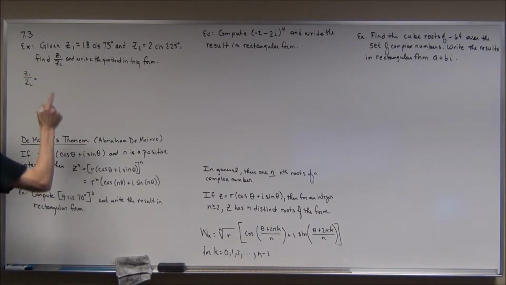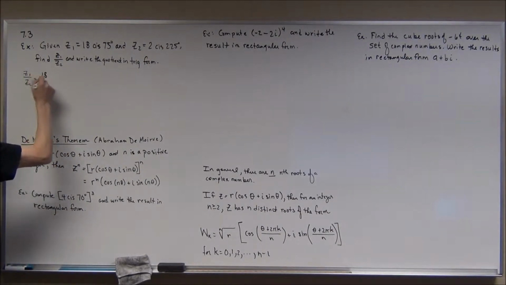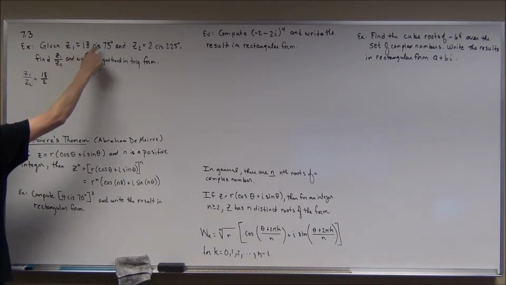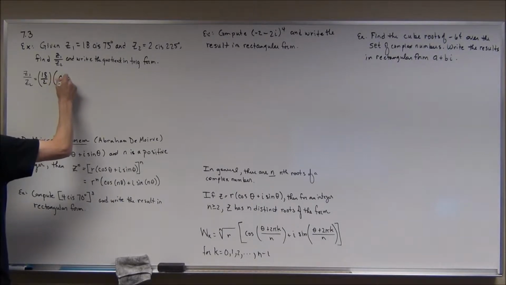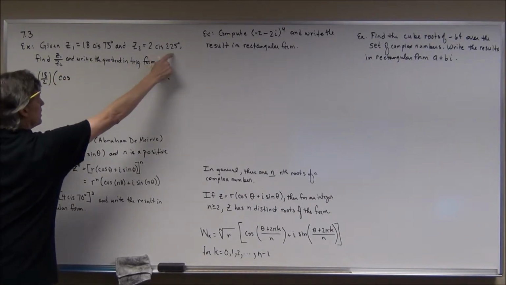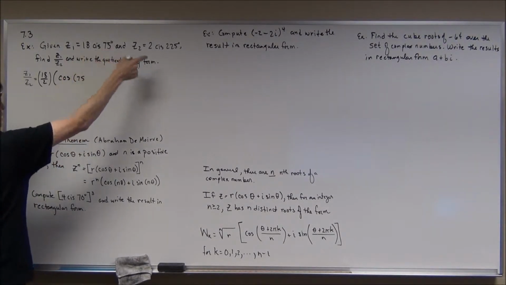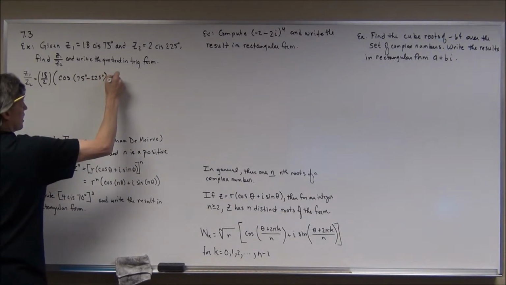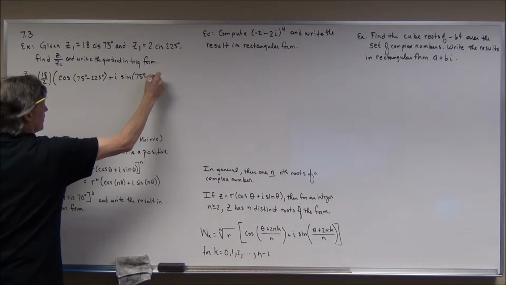You take the moduli and divide the numerator by the denominator, and then you subtract the arguments, the angles. So first one minus the second one: 75 degrees minus 225 degrees, plus i sine of 75 degrees minus 225 degrees.